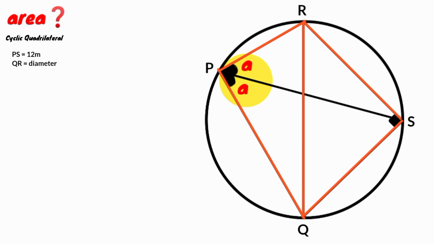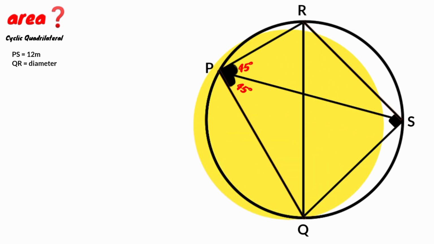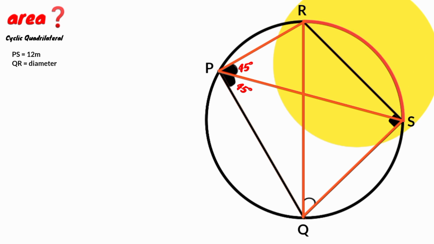So since the complete angle is 90 degrees, each half is going to be 1/2 times 90 degrees, which is 45 degrees. Now here we see this angle and this are subtended by this arc RS to the circumference of the circle.